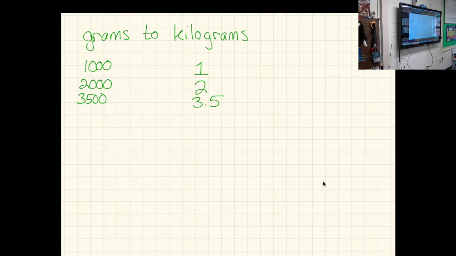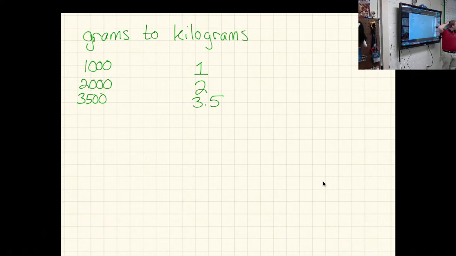Okay, 3.5 kilograms. So what am I multiplying these by to get to these? I'm going from large numbers to small numbers. So am I going to multiply by 1,000? Am I multiplying 1,000 by 1,000? No, I'm definitely not doing that. Well, if I multiply by 1, I get 1,000 times 1 is 1,000.